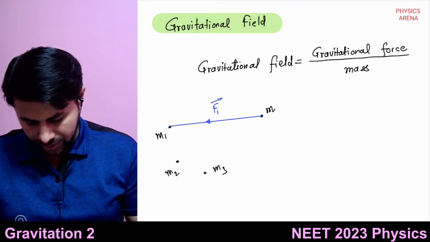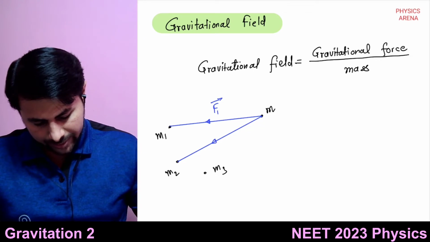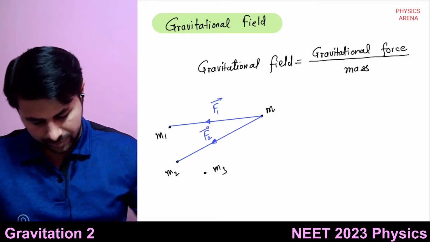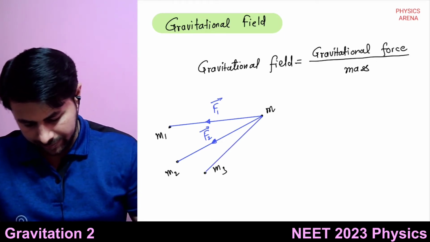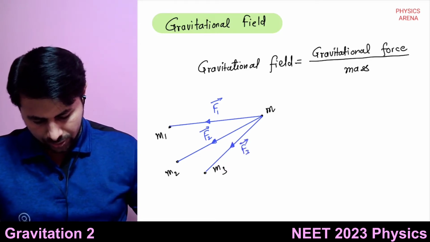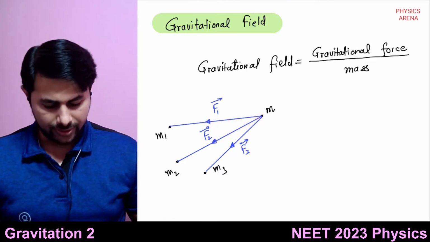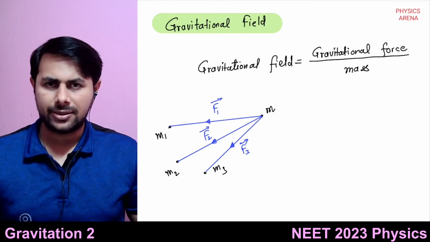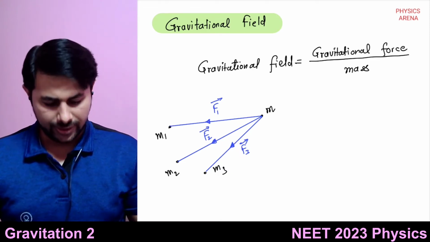The second mass will exert some force, call it F2 bar. The third mass will also exert some force, F3 bar, with some magnitude. So the resultant of all these vectors, F1 bar, F2 bar, F3 bar, and if there are n masses, till Fn bar, will give you what?